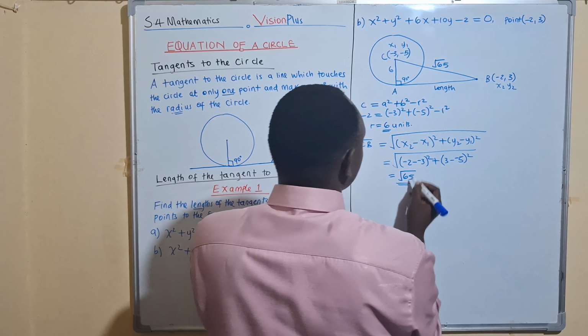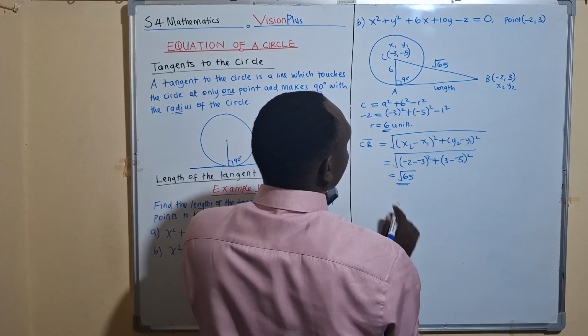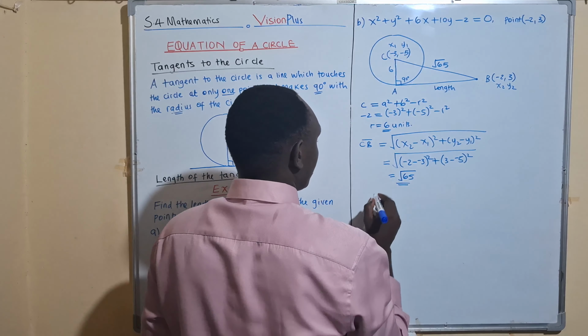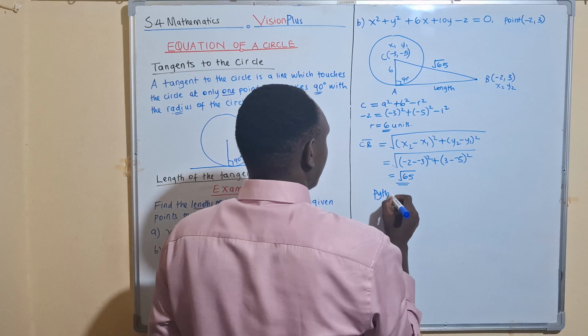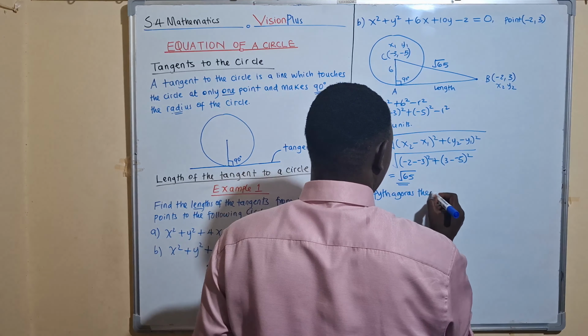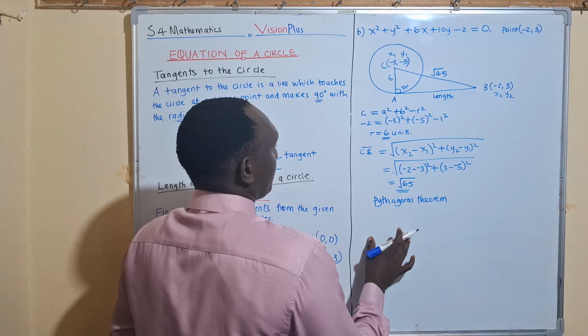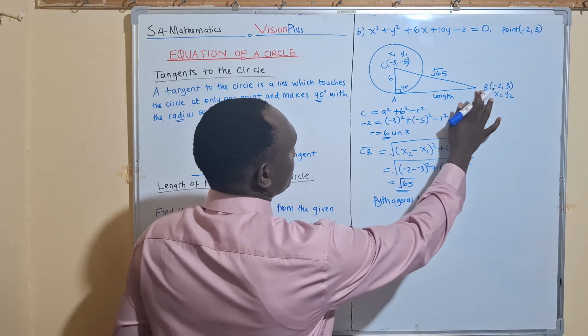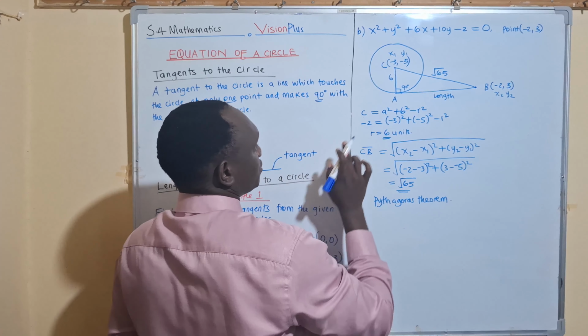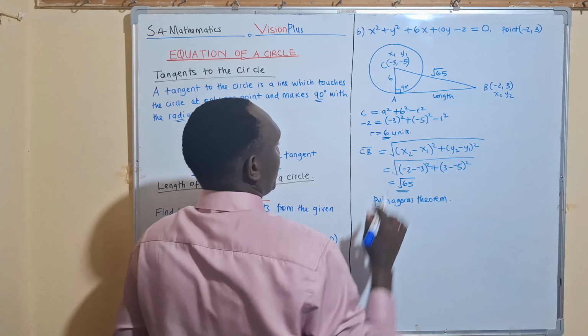After getting that distance, for us to get the length AB, which is the length of the tangent, we need to apply Pythagoras theorem. The length AB squared plus the length AC squared equals the length CB squared.